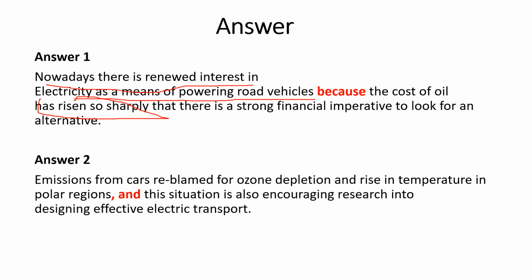Now the second sample answer which I have made includes the content, form, vocabulary as well as grammar. As you can see in the second sample answer how I picked two sentences and I did just minor changes and connected these sentences just using and. First I chose the emission from cars is blamed for ozone depletion and rise in temperature in polar region. You can see this is the situation of danger, climate change, and this is the solution.